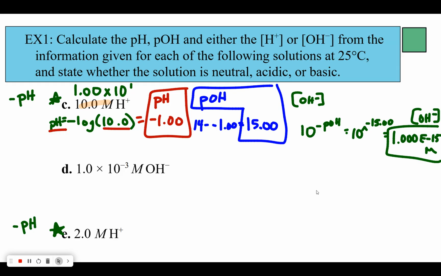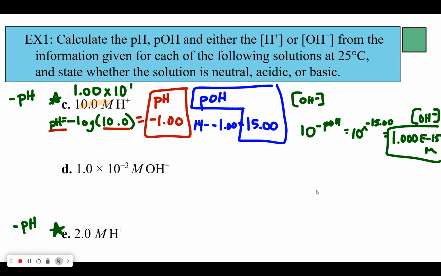I just realized that I had not classified those last two solutions in A and B as neutral, acidic, or basic. I knew I was going to forget it. I emphasized it to you. If we look back on those real quick, remember we need to look at the pH value in order to see whether it's an acid or a base. So part A, our pH was 9. That was bigger than 7, which means we are a base.